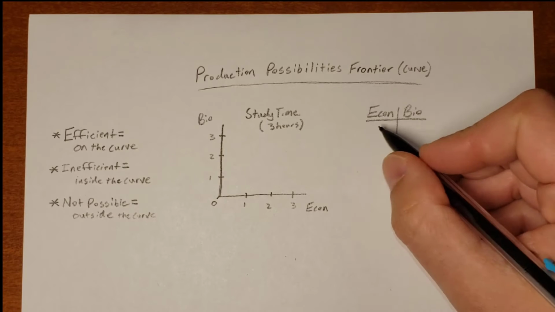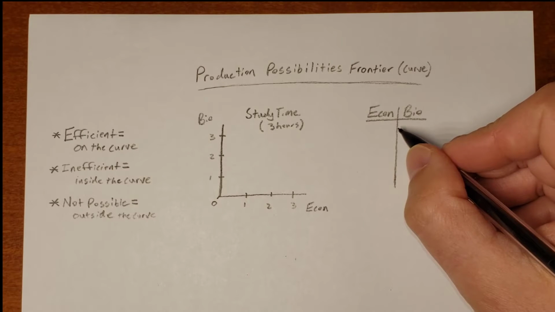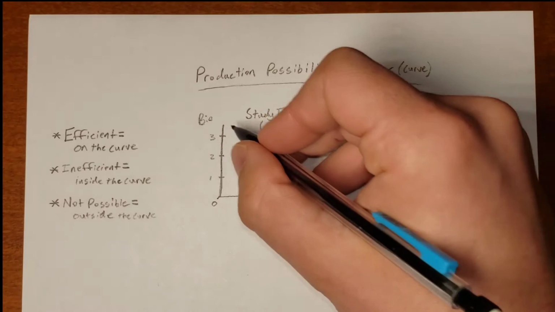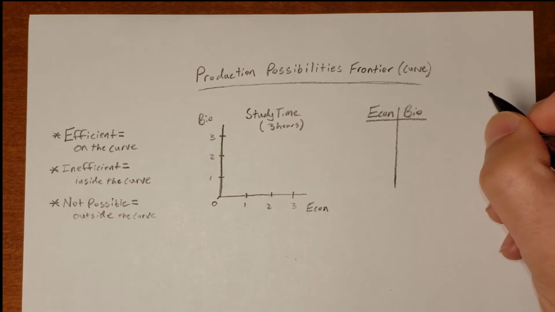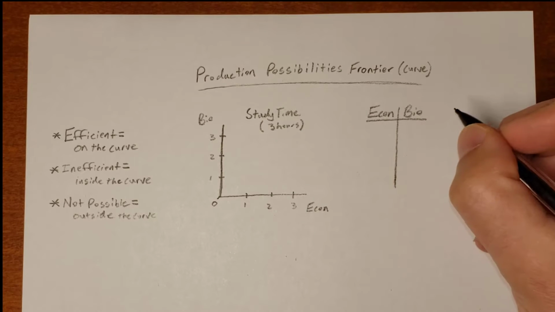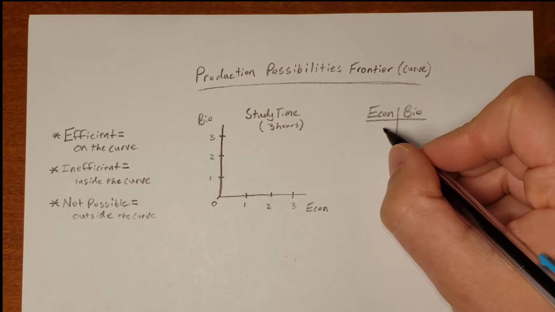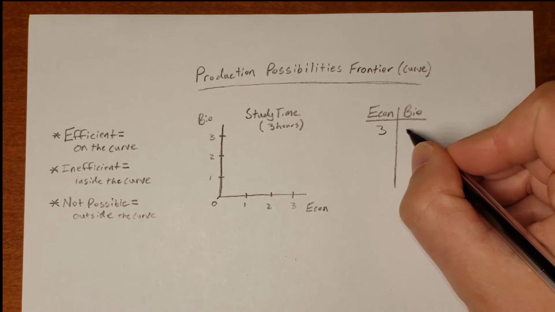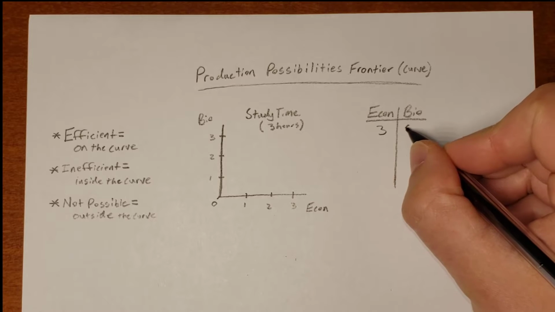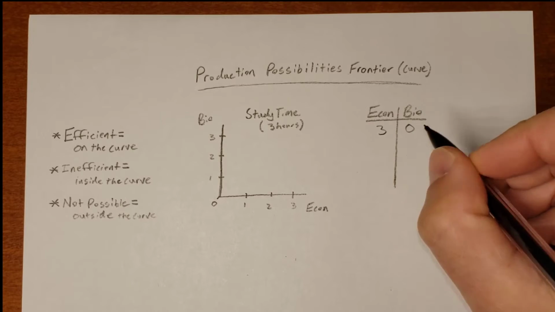So if we were to plot out in this table over here the different combinations that they could allocate their time, and then we can plot it over here on the production possibilities frontier. So the very first combination that we might go to is if we decide to study, say, 3 hours of economics, but that would leave 0 hours for biology.